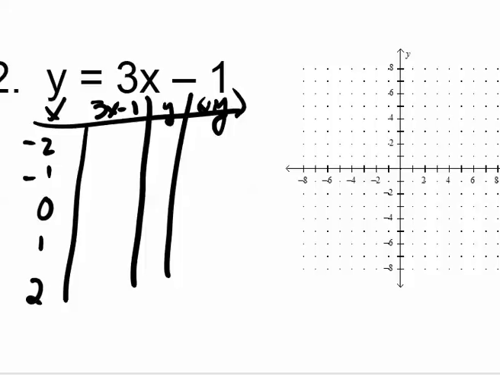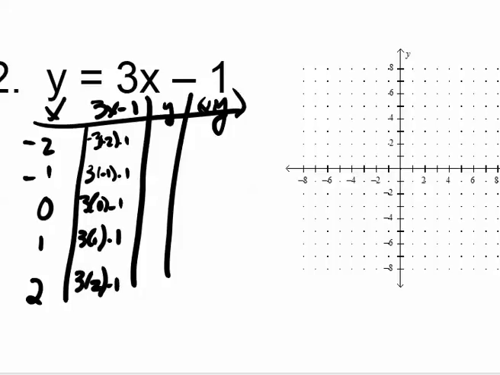The more pairs you have, the easier it will be to construct your line. Also, you'll notice I have both positive and negative numbers. 3 times -2 minus 1, 3 times -1 minus 1, 3 times 0 minus 1, 3 times 1 minus 1, 3 times 2 minus 1.